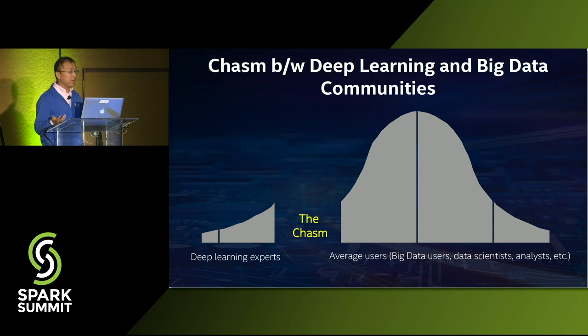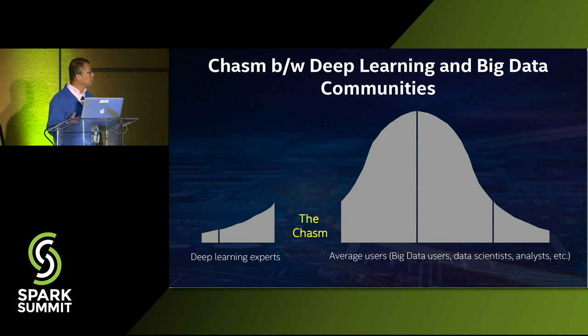But as I mentioned before, the average big data user, data scientist, or analyst, who may write some streaming code or some SQL code, is really not a deep learning expert, and the existing deep learning tools are not really optimized for their requirements.